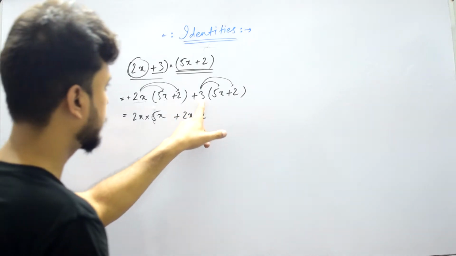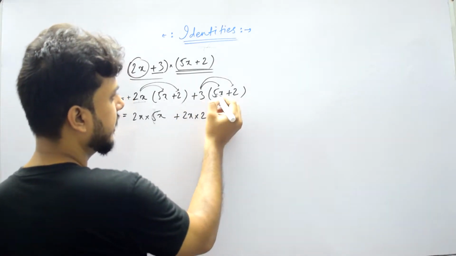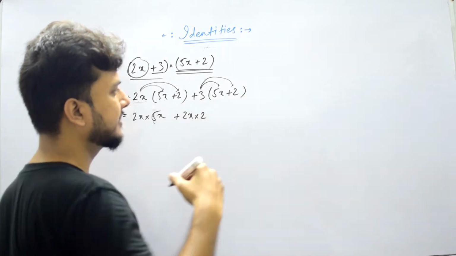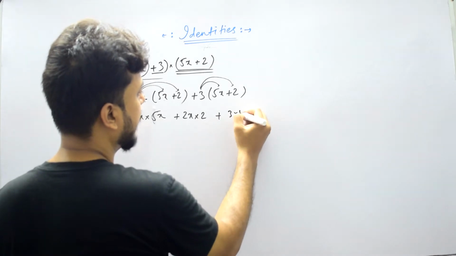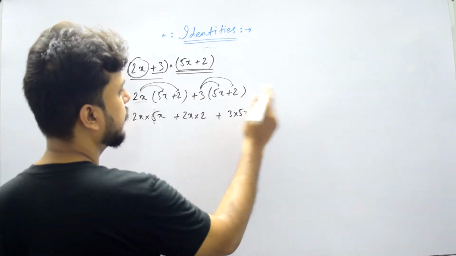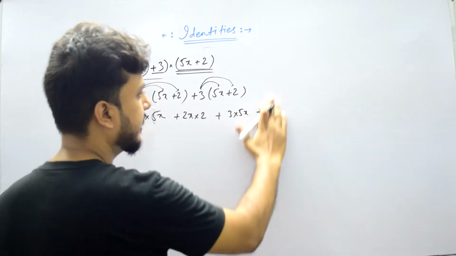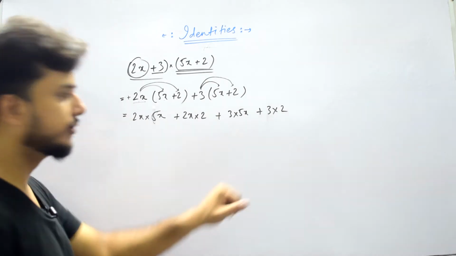Then 2x multiplied by 2. Now let us move to this term. Here there is a plus sign, and in front of 5 there is nothing, that means there is plus. So it will be plus 3 into 5x, again plus into plus is plus, and 3 into 2 is 6. Now we will do the multiplication.